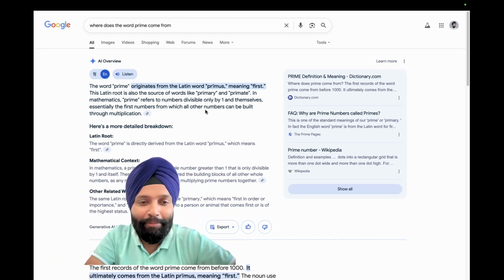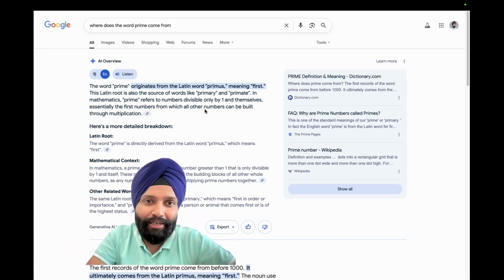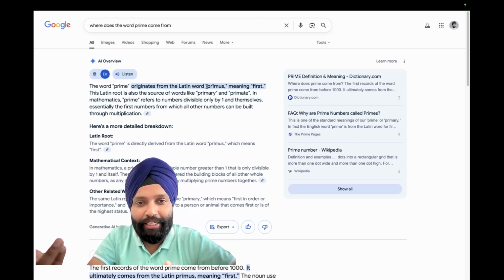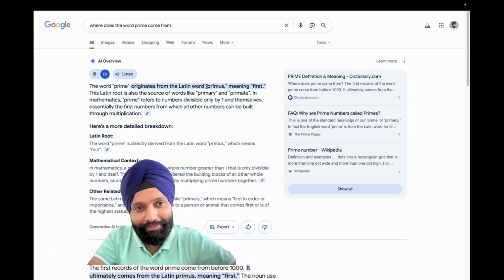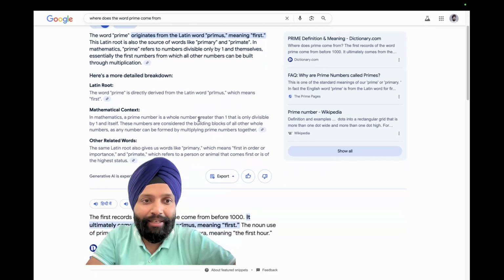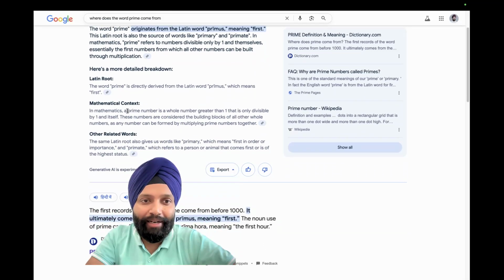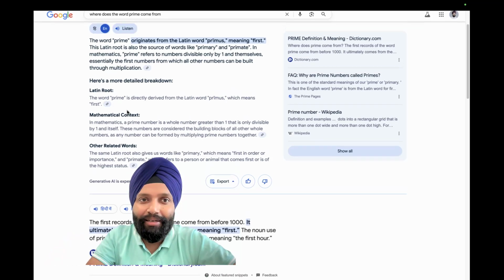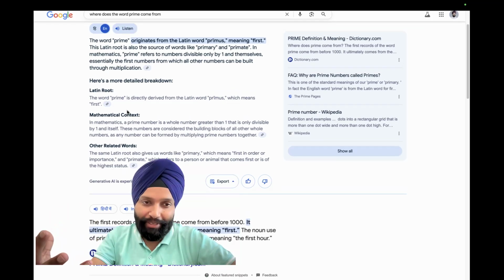Where does the word prime come from? It comes from the Latin word primus, which means first. Okay. So in the mathematical context, a prime number is a kind of a first number.